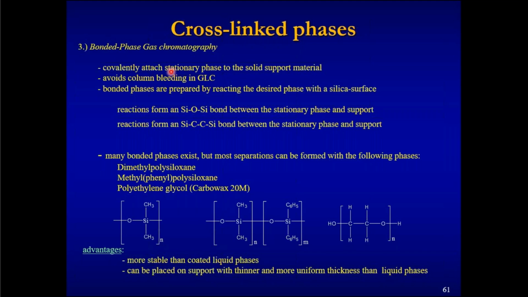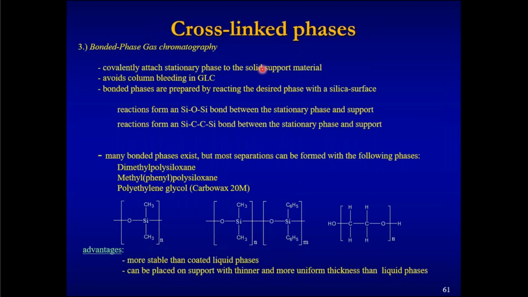So here also the stationary phase is coated on a solid support material, but in the earlier case we saw it was a physical adherence on the surface. But here there is a chemical or a covalent attachment, a bond formation between the stationary phase and the support material.